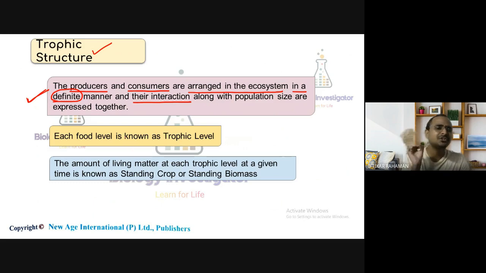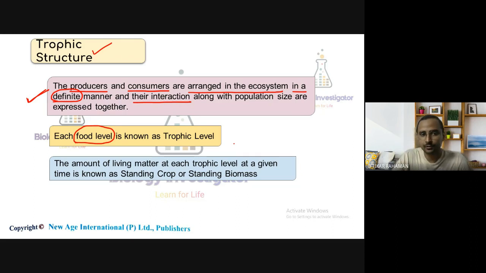And each food level of this trophic structure: I will explain what a food level is. Food level is when a group of organisms, either producer or consumer, feed on a particular thing, for example a plant. Or any consumer, like one consumer can feed on another consumer.